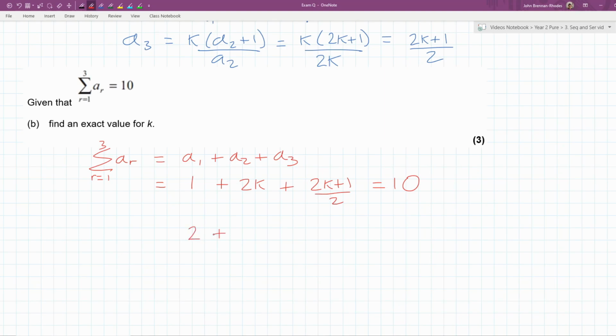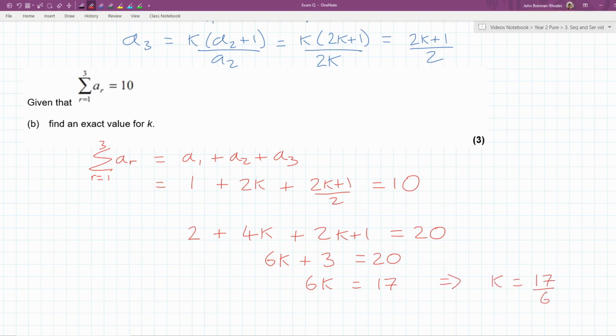So this is 2 plus 4k plus 2k squared plus 1 equals 20, multiplying everything by 2. And I can see the left-hand side is going to be 2k squared plus 4k plus 3, and that is equal to 20.